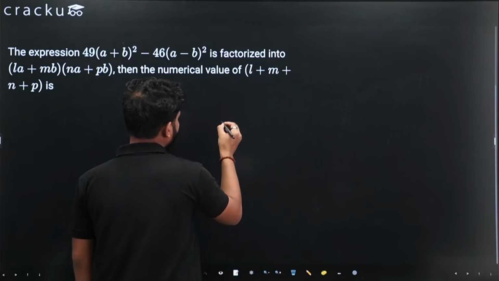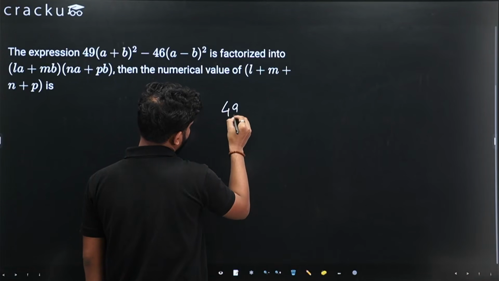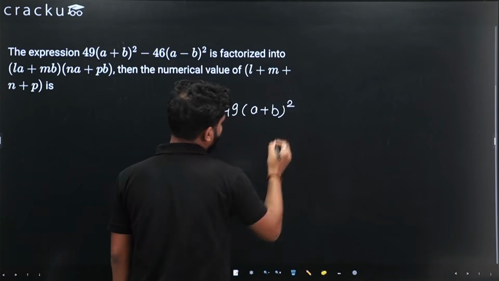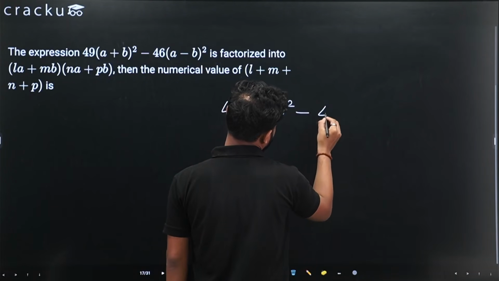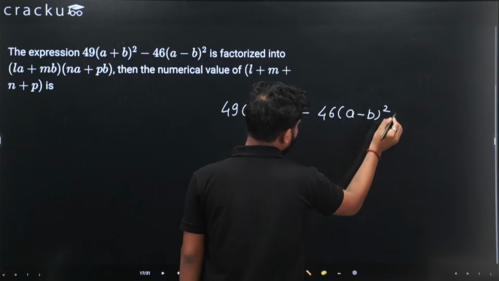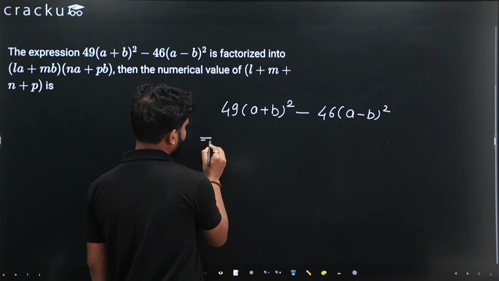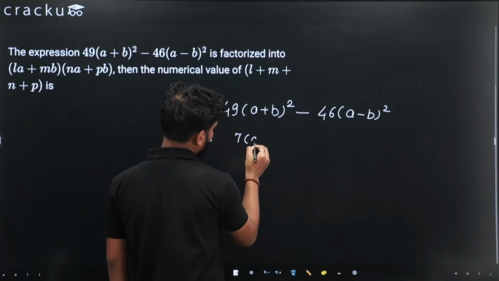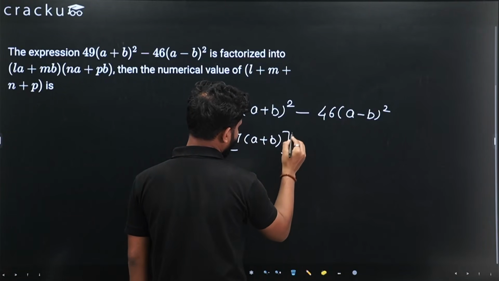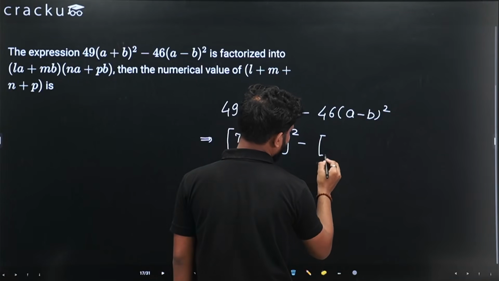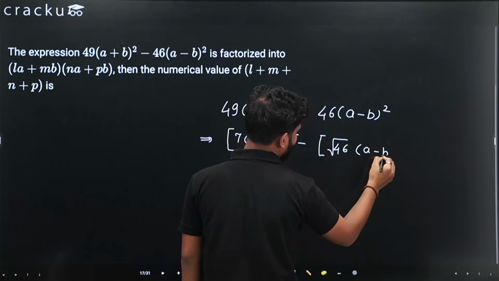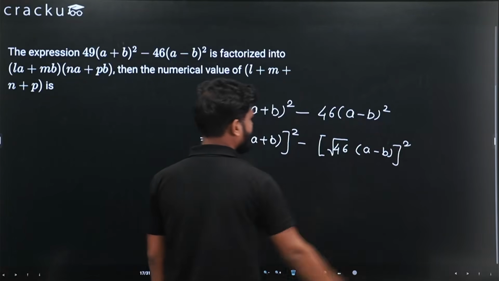So we have given 49 into (A plus B) whole square minus 46 into (A minus B) whole square, right? Can I write this as (7 into (A plus B)) whole square? I can write this, and this one I can write as (under root 46 into (A minus B)) whole square, right?